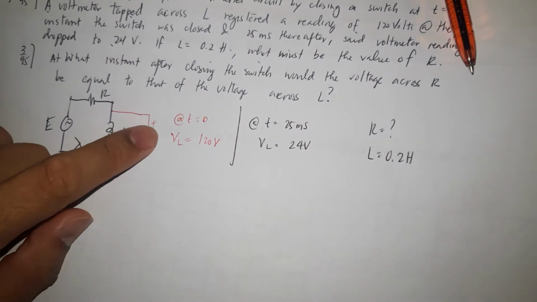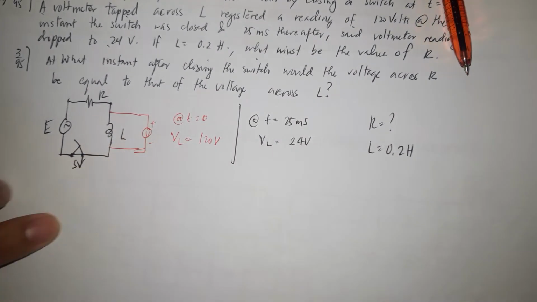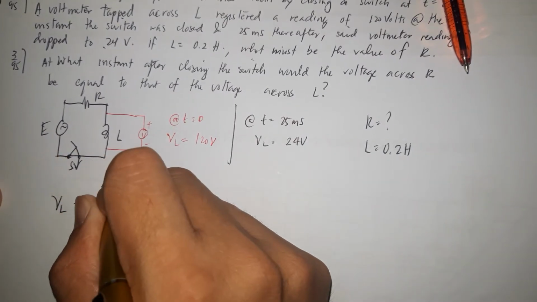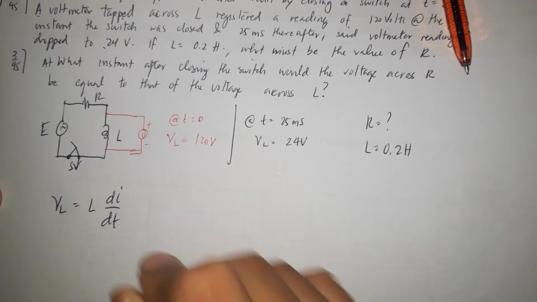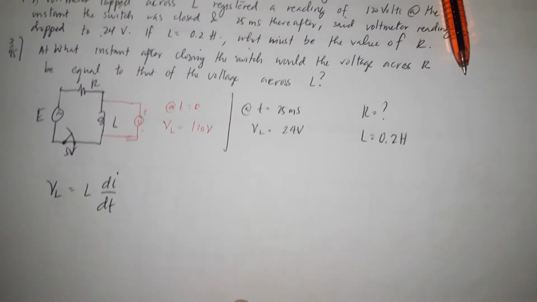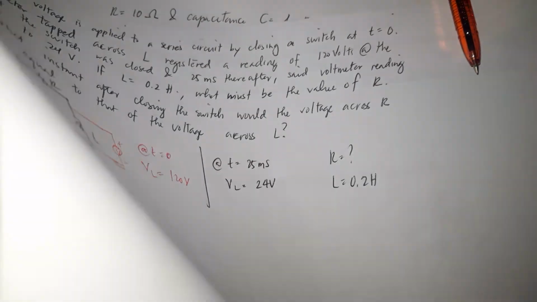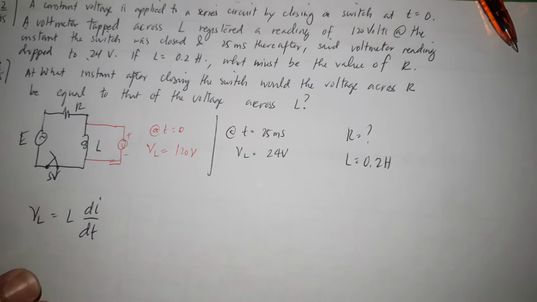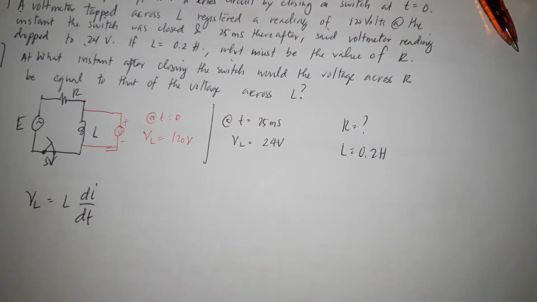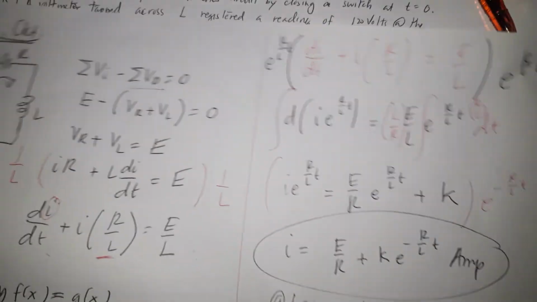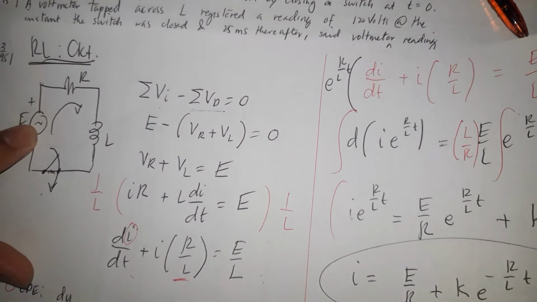So, since we are talking of VL, we know that VL is L times the derivative of I with respect to t. If we go back to our discussion earlier, we have actually derived the relationship of I for an RL circuit.